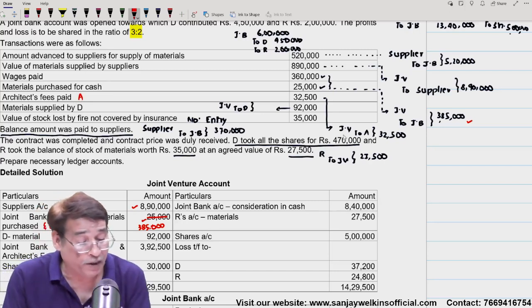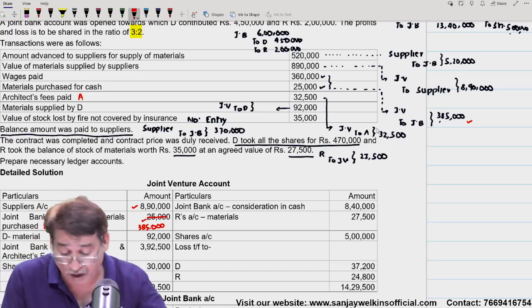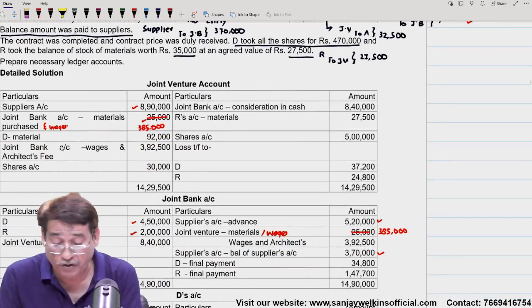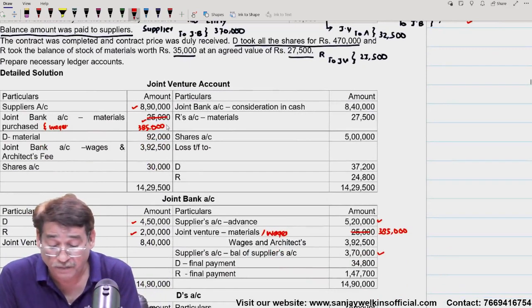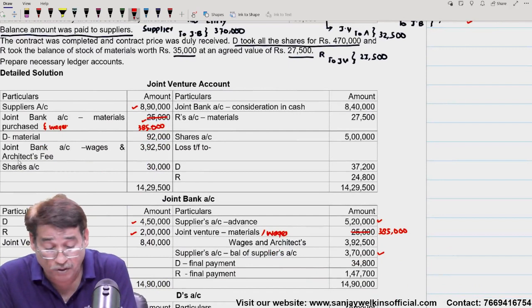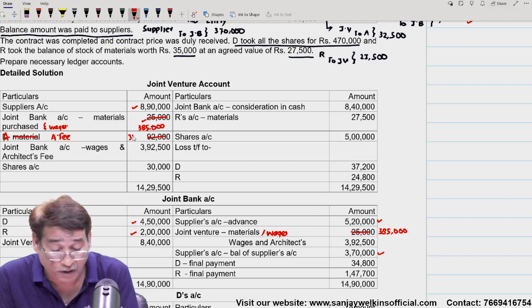Architect fee paid by A, joint venture account debit to A account. So in the joint venture account, I will write to A account, and you will write here to architect fee. Architect fee is 32,500.